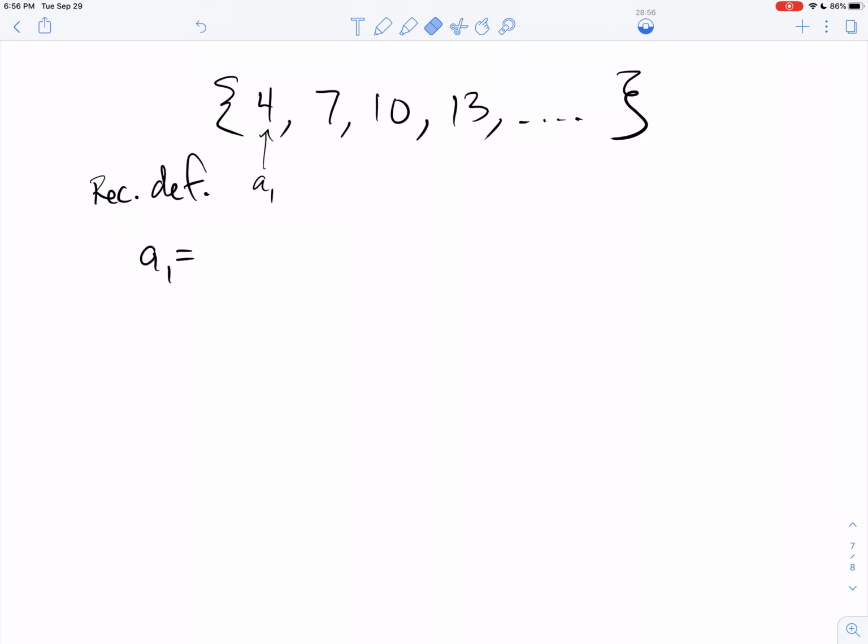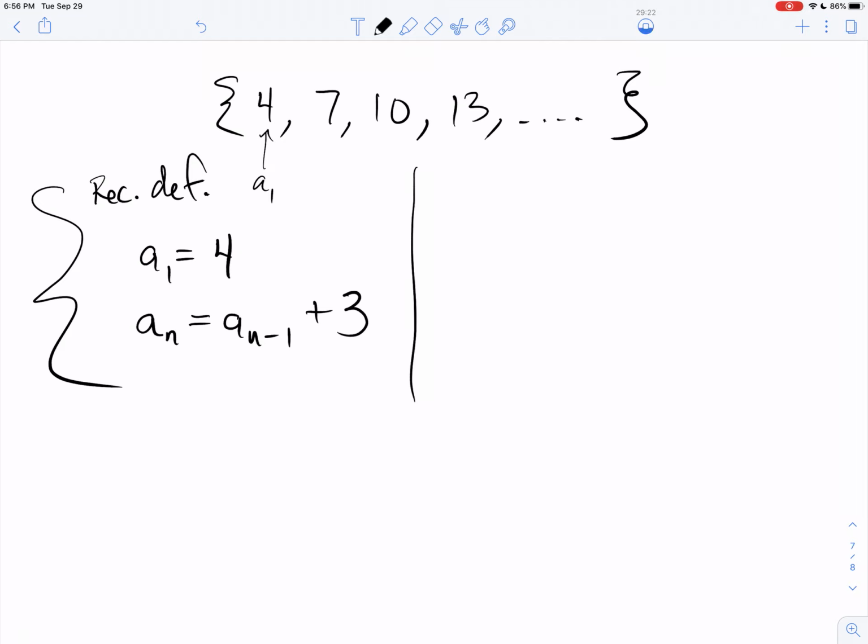They want me to write down the first term. And then what? If I want to know any number in the list, I need to know the one that came before that number, and then I add D to it, right? Because D, the common difference, is 3. That's it. I'm done. That's a recursive definition. Good to go.